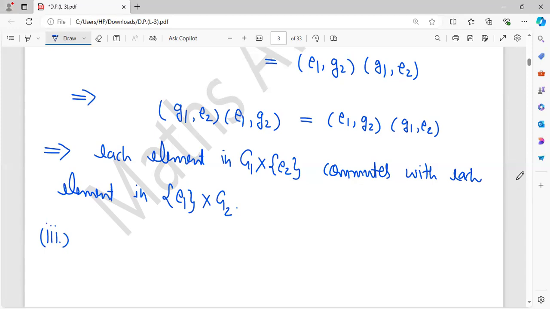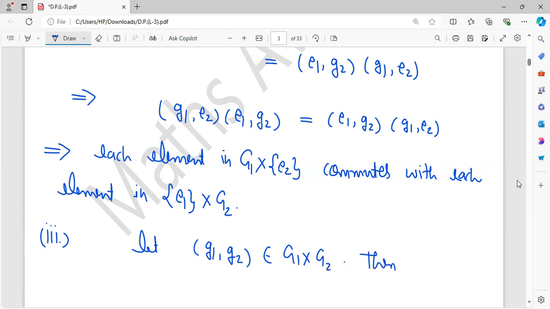Now the third one we are going to prove. We have to show that each element of G1 cross G2 can be uniquely expressed as a product of one element in G1 cross {e2} and one element from {e1} cross G2. So let (g1, g2) belong to G1 cross G2.